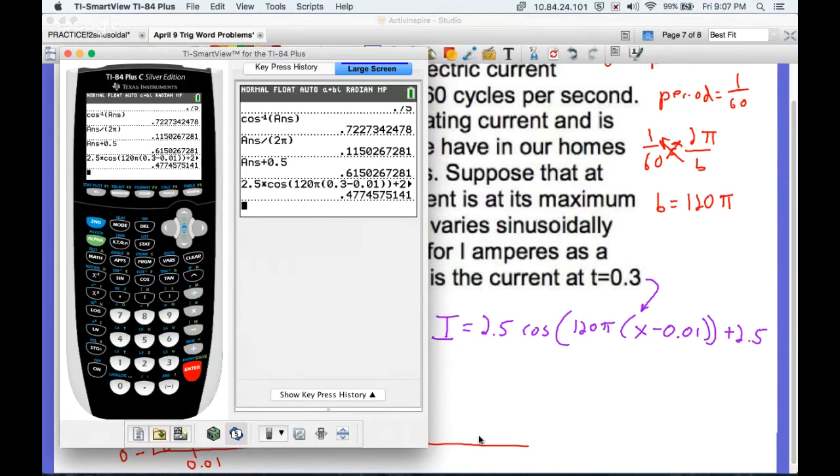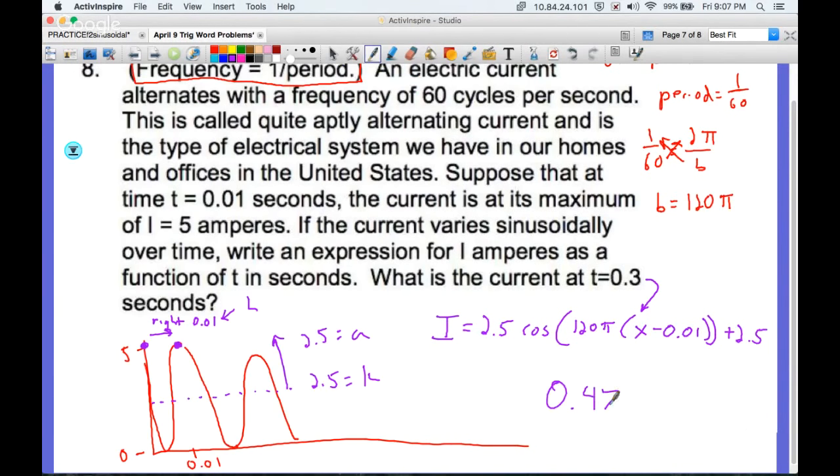We get that we're going to have about 0.477 amperes of current at that time. So 0.477 amps.